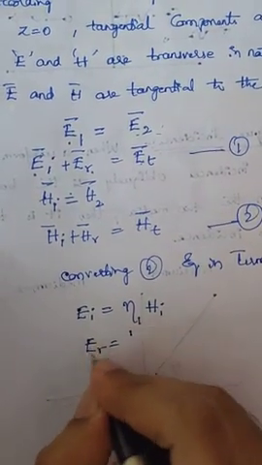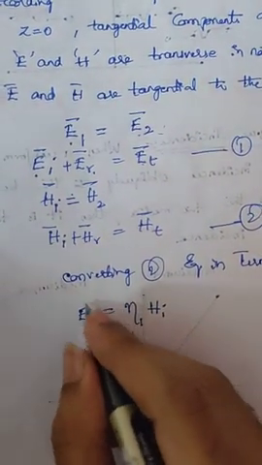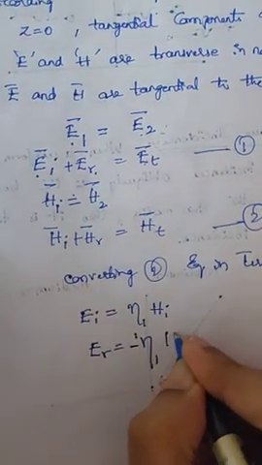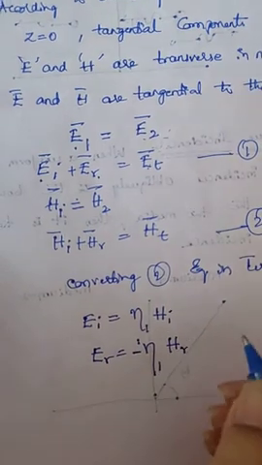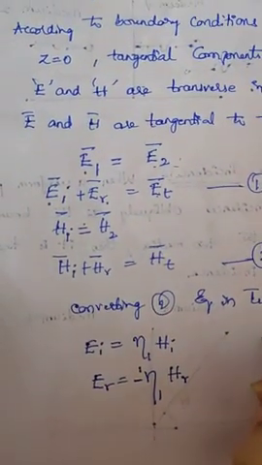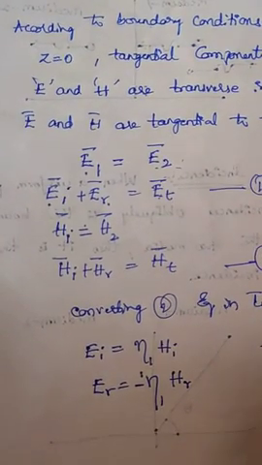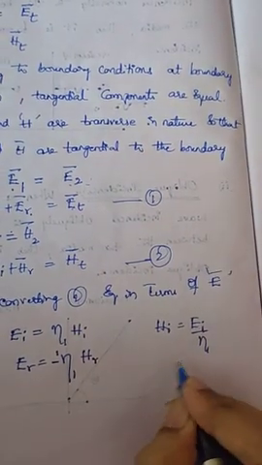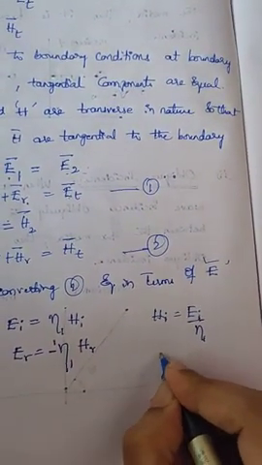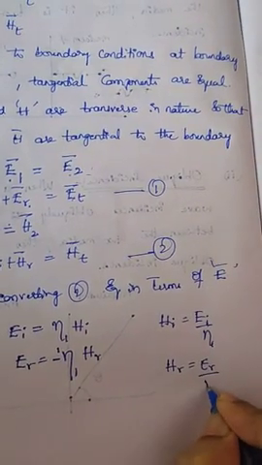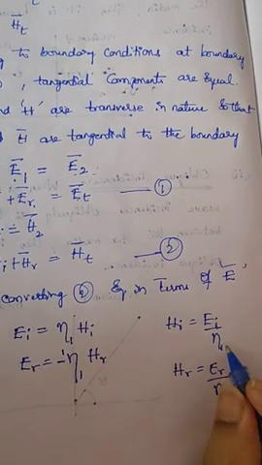Why the negative sign? Because ER is opposite to the incident wave. By using this relation, we can write HI is equal to EI by intrinsic impedance 1. Similarly, HR is equal to ER by intrinsic impedance 1.